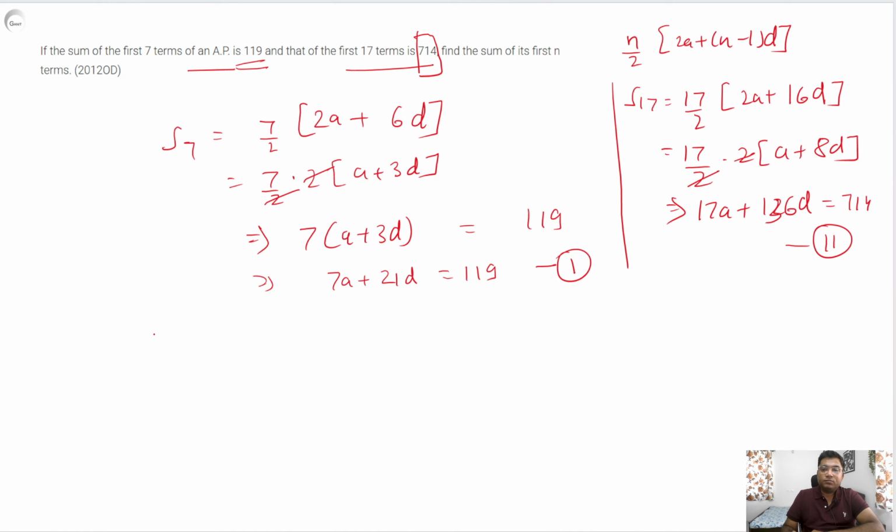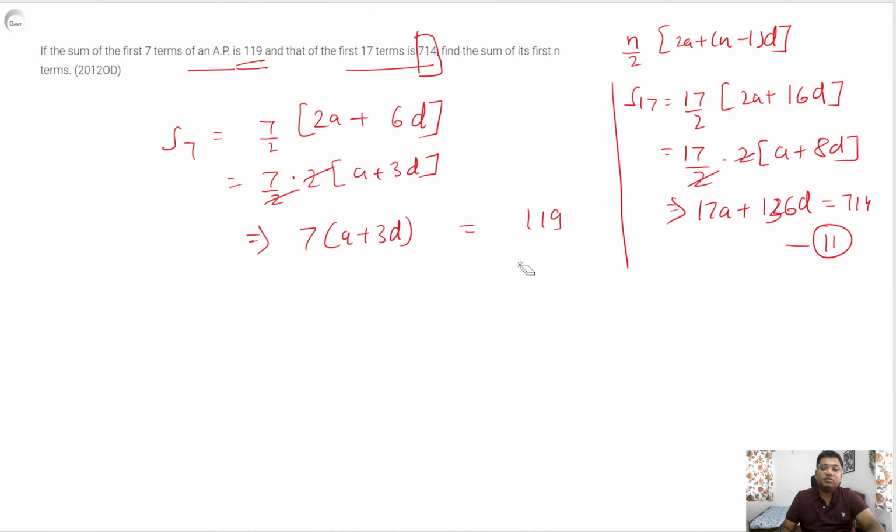So this looks like a big calculation, guys. So let me write the equations first. 17a plus 136d is equal to 714. And 7a... I think I made a mistake here. I'm so sorry. I should have made the equation simpler. I made it complicated.